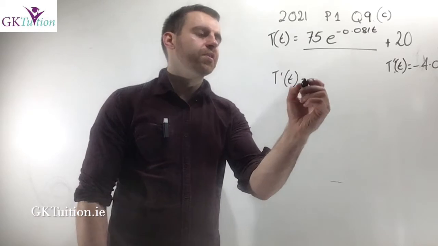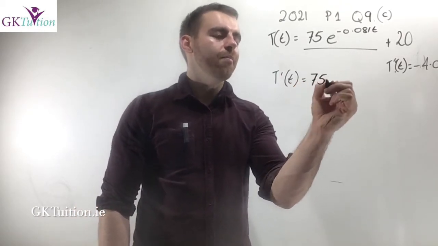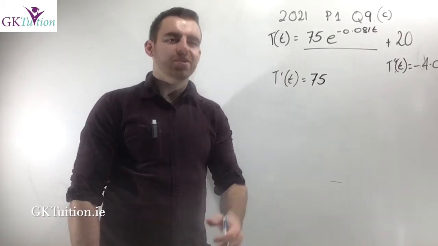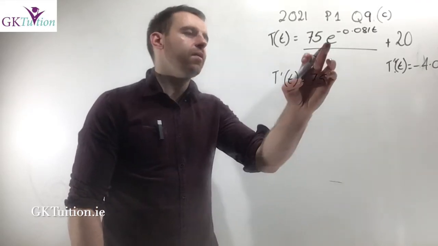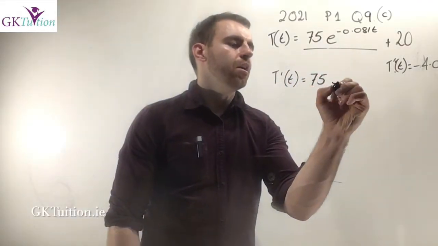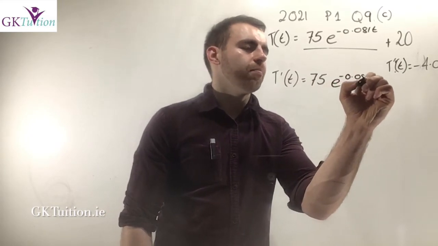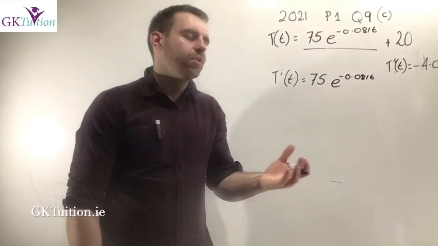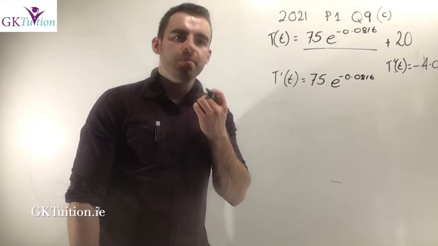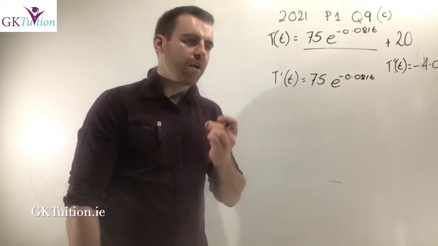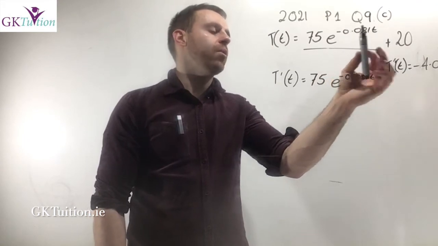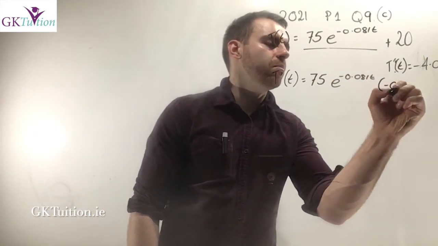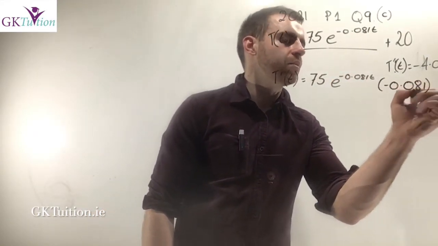We'll start off with the 75, the coefficient will remain in the answer, but it doesn't really affect the question. According to the log tables, the derivative of e to the power of something just stays the exact same. So I just rewrite it literally exactly as it was, but then I multiply by the derivative of the power. The derivative of minus 0.081t, well in that case it's going to be minus 0.081.